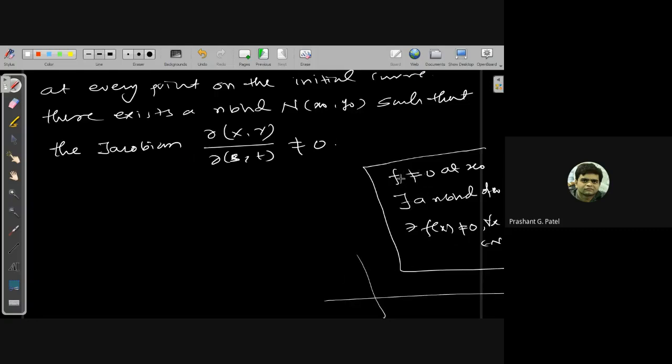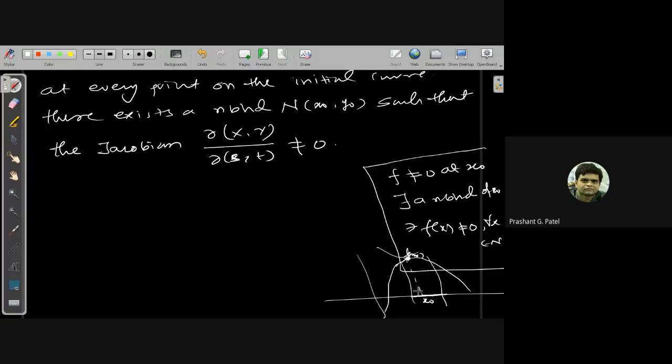For example, if the function value at point x0 is above the x-axis, that is f of x0, and the function is continuous, then the graph of the function might be this one or this one, but it never touches zero in some neighborhood.